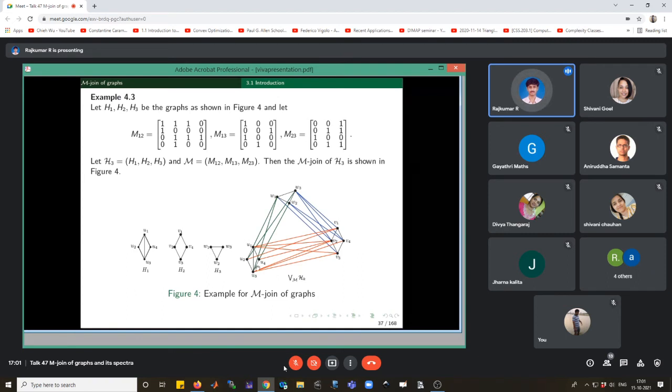So here we have H1, H2, H3. For H1 and H2, we join them using the matrix M12. Then H1 and H3, we join using M13.